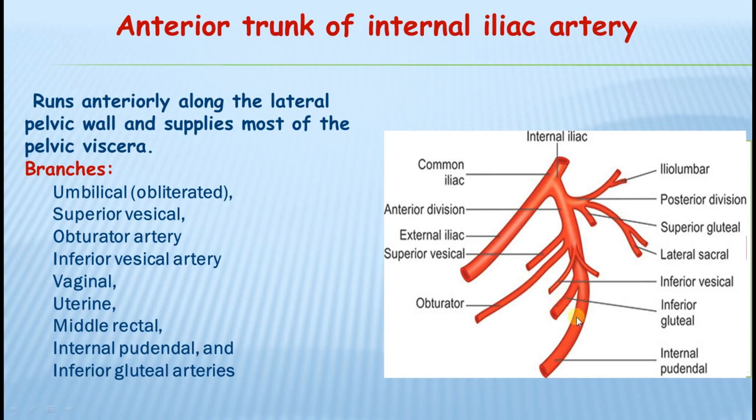Then the two terminal branches of the anterior trunk are the inferior gluteal and the internal pudendal artery. Whereas the posterior division has only three branches: one is the iliolumbar, another is the superior gluteal, and then you have the lateral sacral artery.